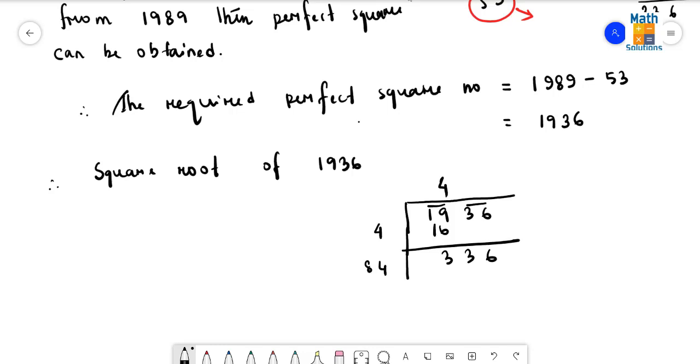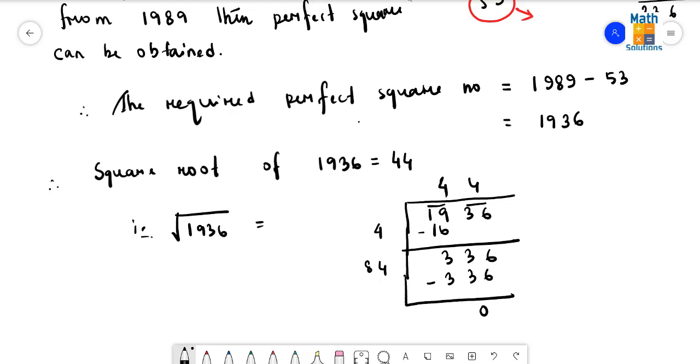If I place 4 here, the result will come as 336 on subtraction. So we are subtracting, this is 0. Therefore, square root of this is equal to 44. That is, we can write here square root of 1936 is equal to 44. So this is the required answer for it.